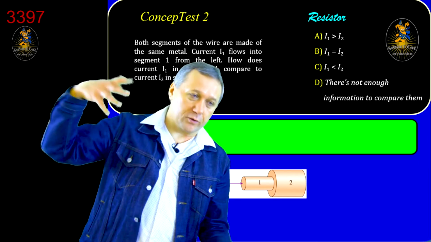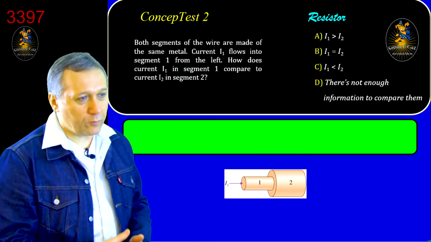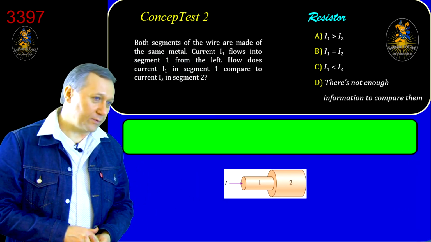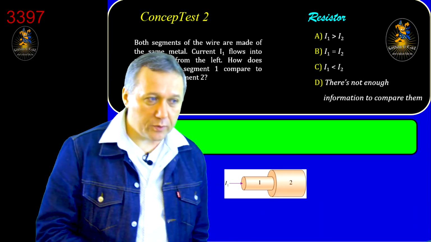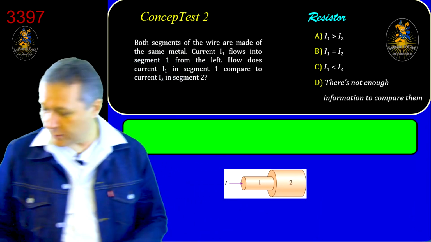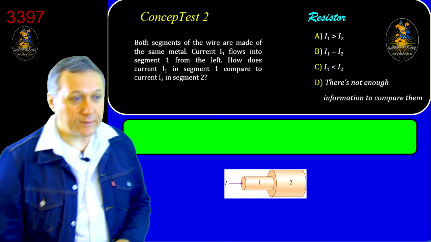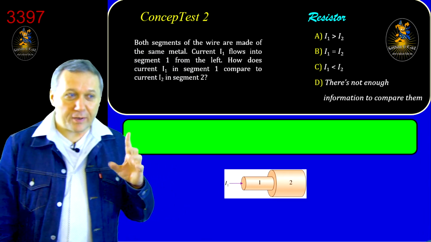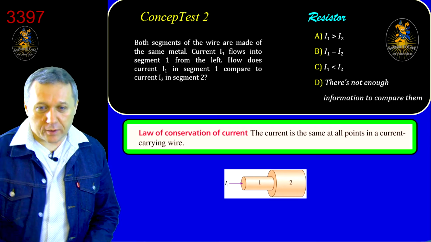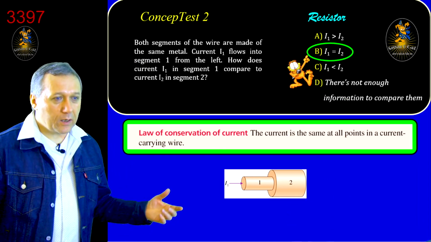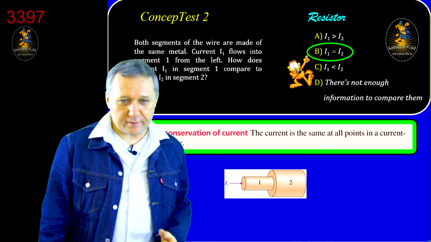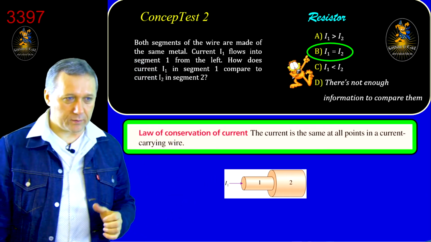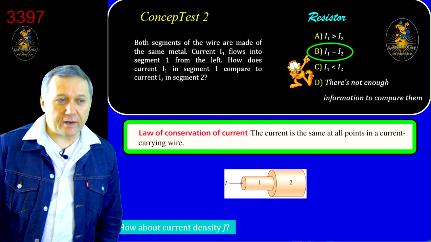But because of the larger cross-sectional area, the amount of water per unit time will be the same, like let's say 5 liters per second, right? So the same is true for current. It doesn't matter what the cross-sectional area is, current will be the same. But now, the answer for this one is, of course, current is the same, and most of you answered it right. Good. But what about current density?